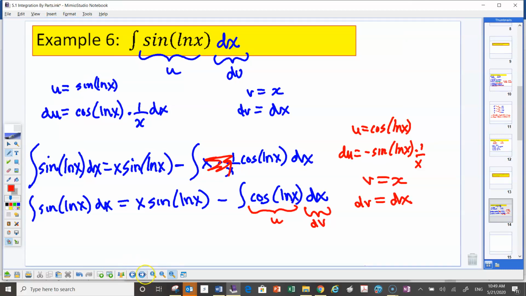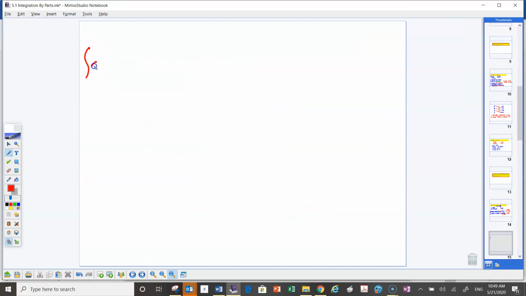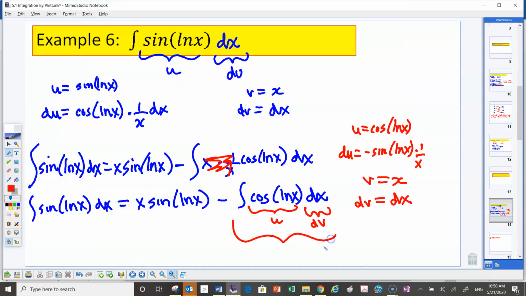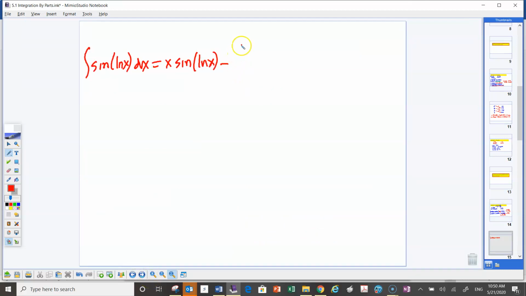So the original question again is the integral of sine ln x dx, which is equal to x sine ln x minus, now applying integration by parts again, u times v is going to be x cos ln x, minus the integral of v du.